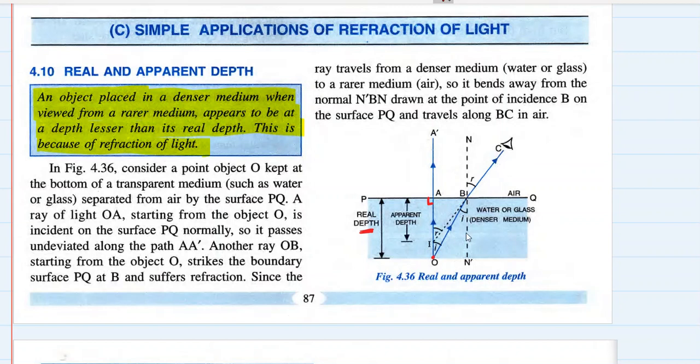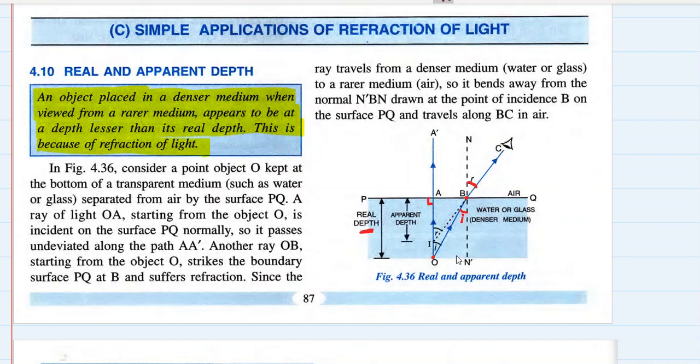At B, we have drawn a normal NN dash. So OBN dash is the angle of incidence, and NBC is the angle of refraction.